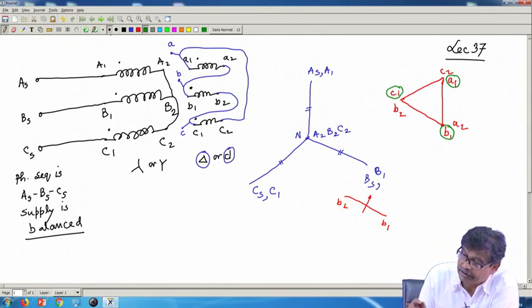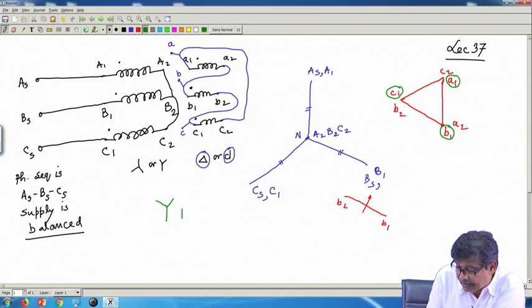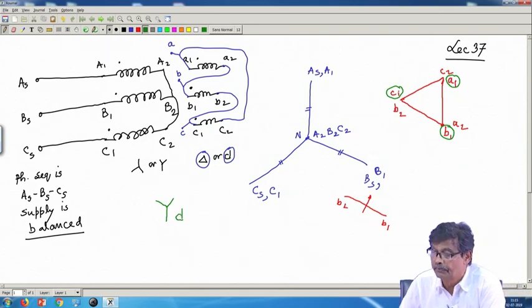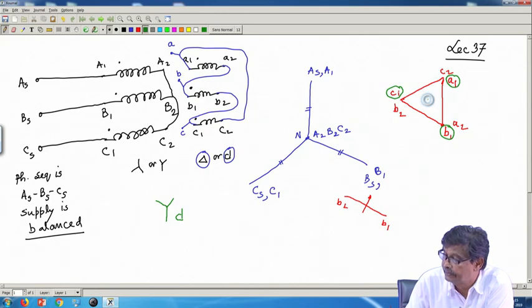Now, the question is, if you connect like this, I should write it as star, secondary is delta. Now, what is the phase angle? What should I write? While doing the phase angle, you can find out first where is the artificial neutral of the secondary side.